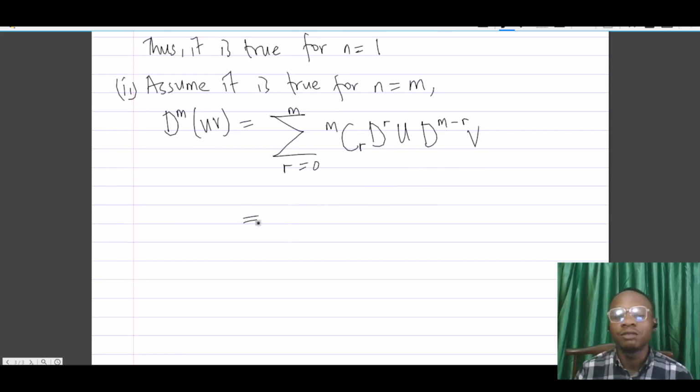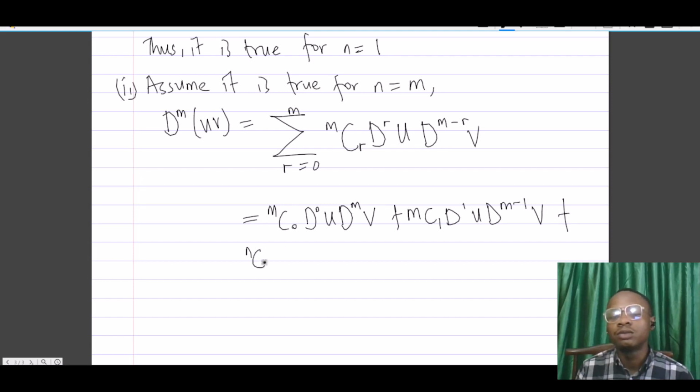So for instance, the first term will be when r equals 0. That will be m combination 0 into d to 0 of u, then d to m minus 0, which is m, of v, then plus m combination 1, and this will be d1 of u, then d m minus 1 of v, and plus m combination 2.